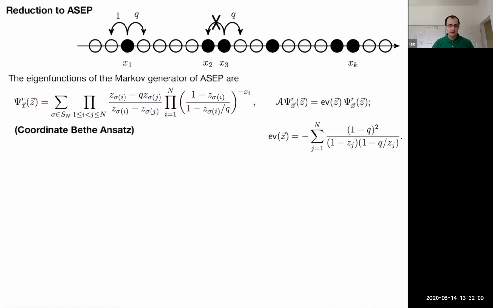And then using Bethe ansatz, one can write down eigenfunctions of the Markov generator of ASEP. So the Markov generator is basically collecting all the jumps in the form of a linear operator. And this linear operator has eigenfunctions, which are given by the following symmetrization formulas.